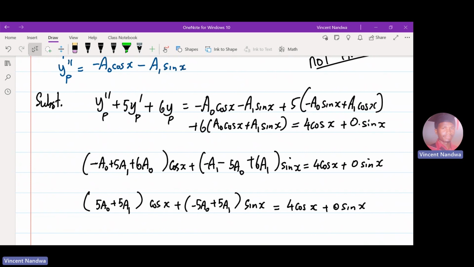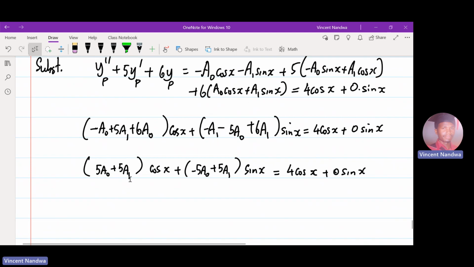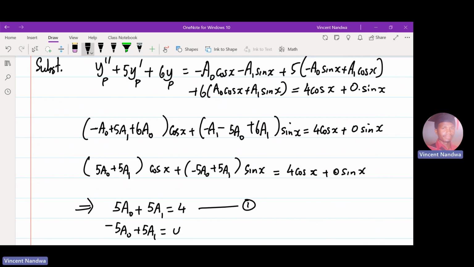So if they are equal, then the coefficients of cosine must be the same on either side, and similarly, coefficients of sine must also agree. So this will mean 5a naught plus 5a1 is 4, equation 1, and minus 5a naught plus 5a1 is 0, equation 2. Then solve simultaneously.